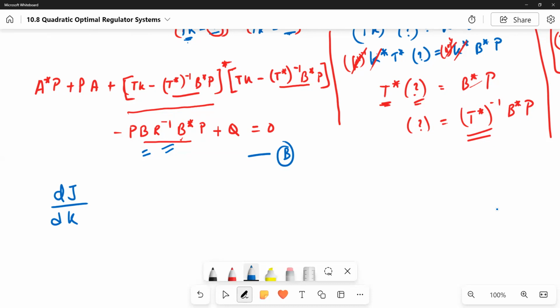Equation B can be minimized only by minimizing this middle term, because the rest of them are positive, so they cannot be minimized. So ultimately this is the one we have to minimize.